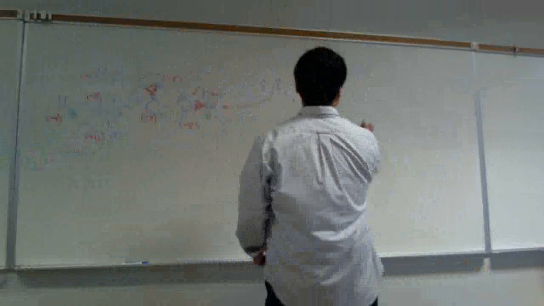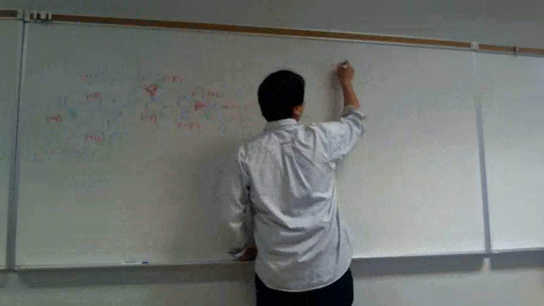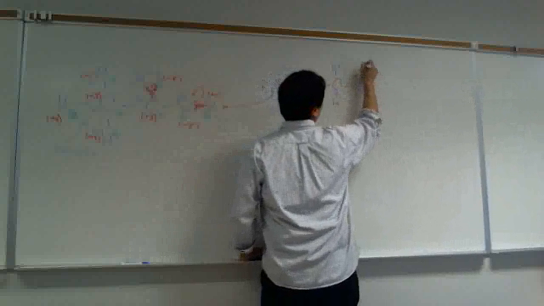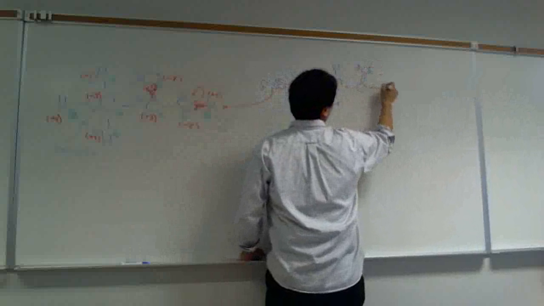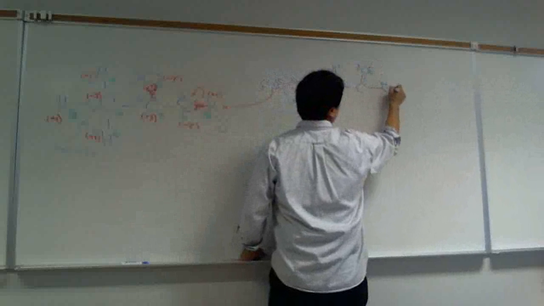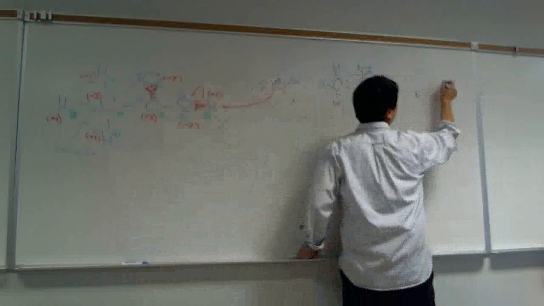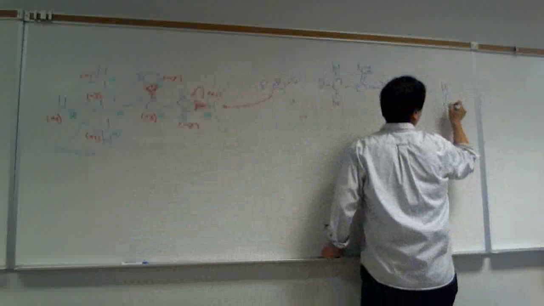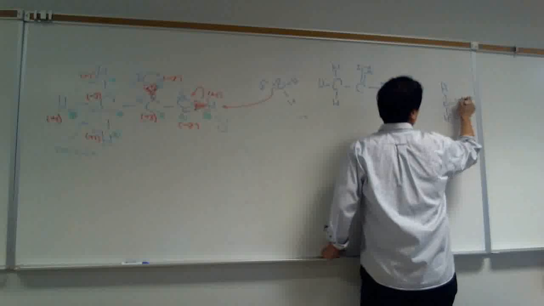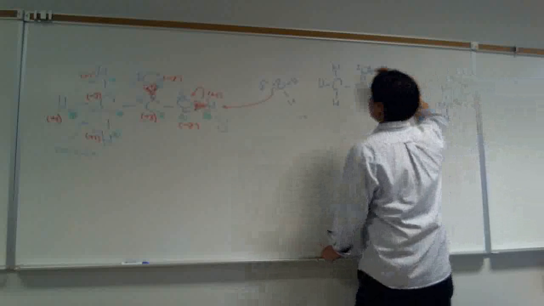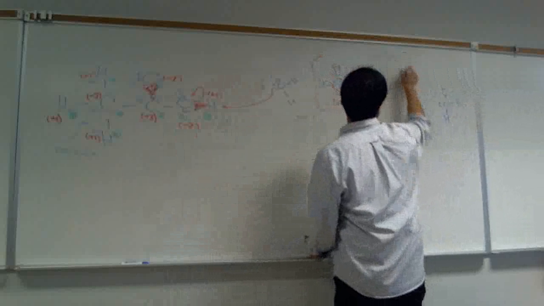And so let's go ahead and draw the structure for acetate. And hydronium. Both of these are ions, so technically we are supposed to draw the square brackets around it.